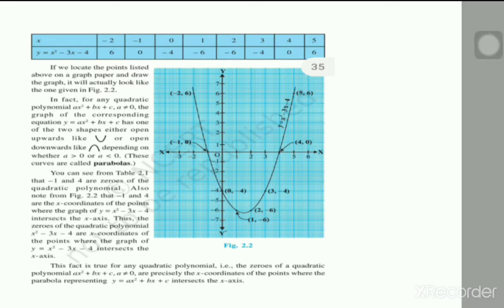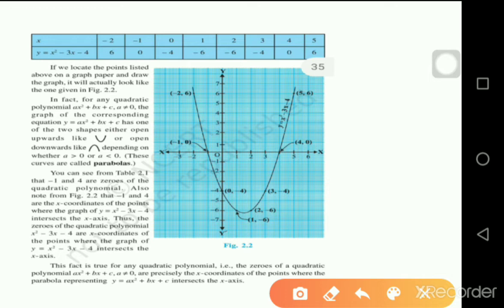Now we are taking an example of a quadratic polynomial. For this, the graph is, we can see here the graph intersects the x-axis at 2 points. So the number of zeros for this quadratic polynomial is 2.